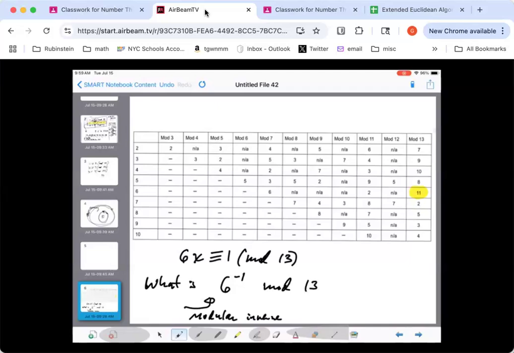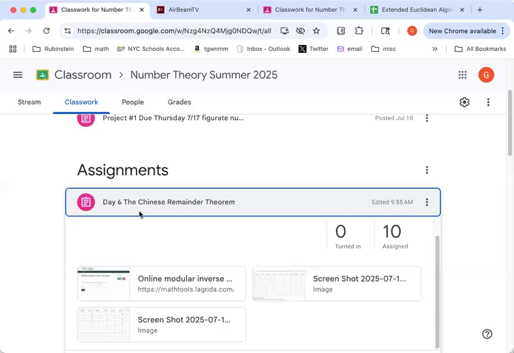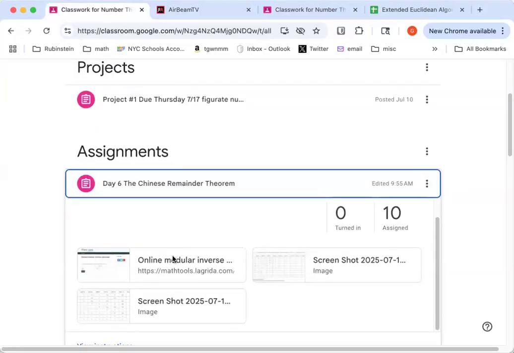And we know the answer is 11. Well, one really fun way to get the inverse is to use a calculator that's designed for it. So check this out.